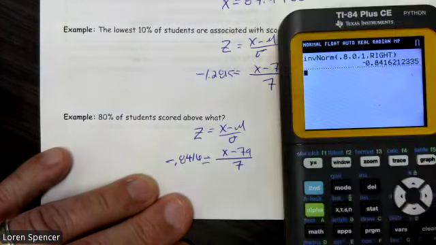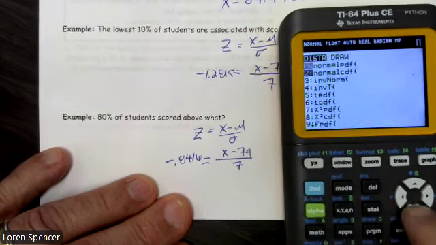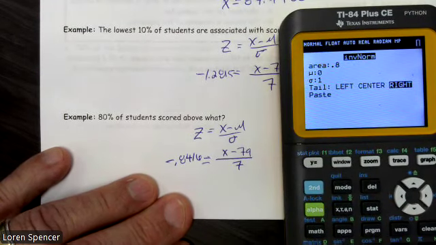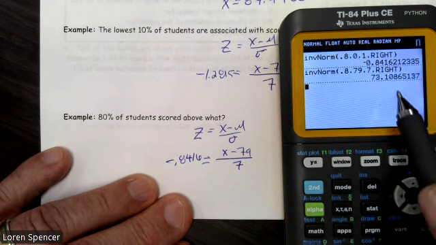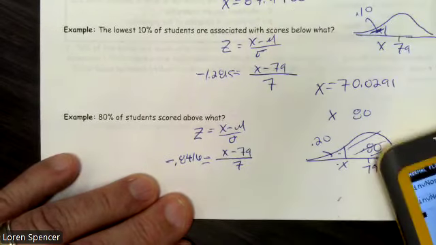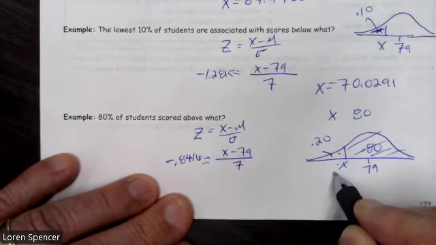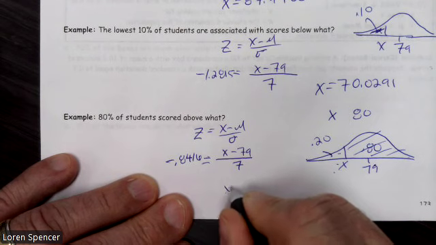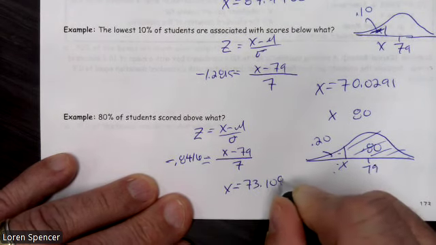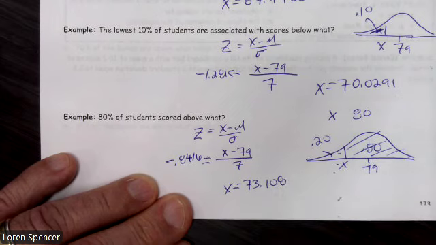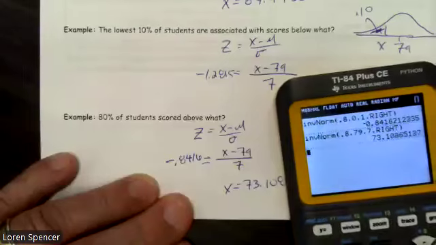Solved by algebra. And I'm just going to change this to 79 and this to 7. Press enter a couple, oops, don't want that, want to stay right. And then put 73.10. Well, that makes sense because I should be below the mean. And sure enough, X is 73.1086.